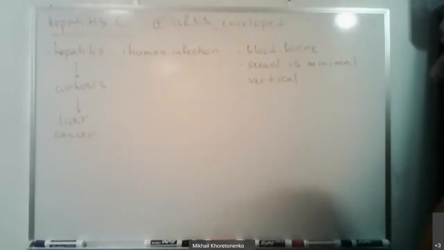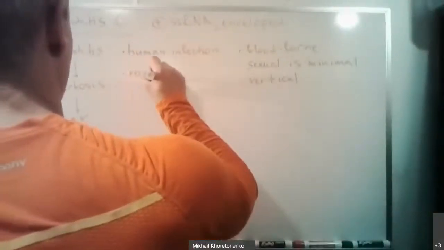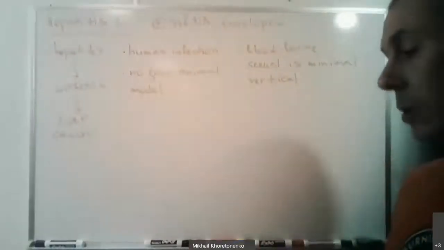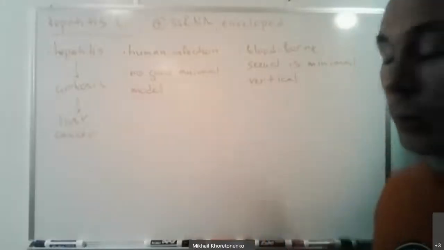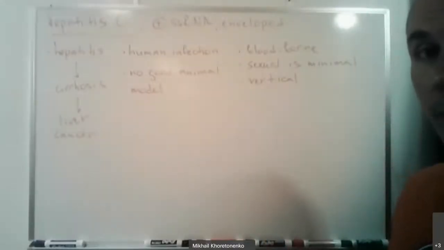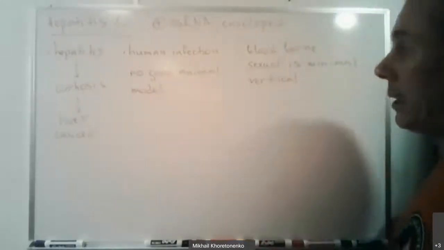Okay? Now, one of the big problems with hepatitis C is that there is no good animal model. One may ask, what about monkeys? Monkeys are extremely expensive to work with, and there's a lot of pushback against using monkeys as the animal model.